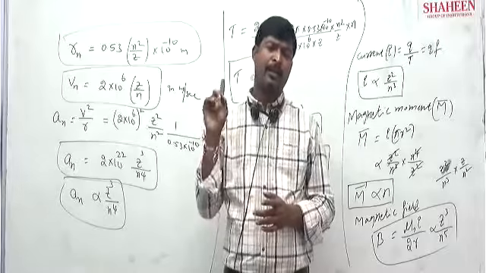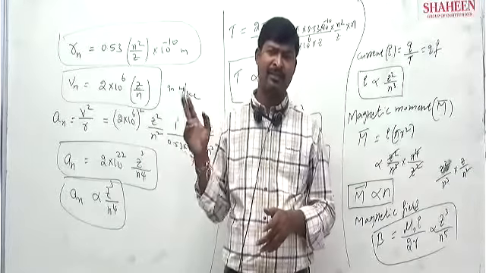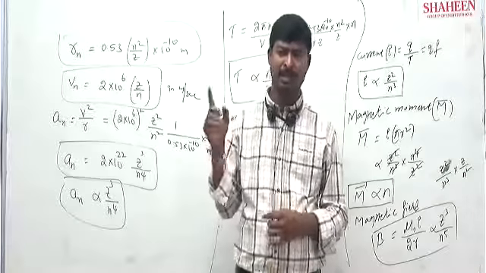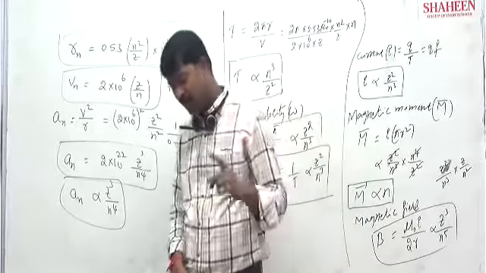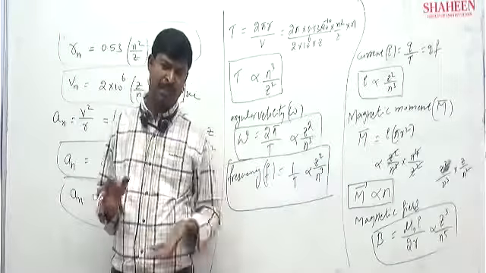One is the number of alpha particles scattered at different angle theta, that is, n is inversely proportional to sine to the power 4 theta by 2, where theta is the angle of scattering. And one more is the closest approach distance in the alpha particle scattering experiment.